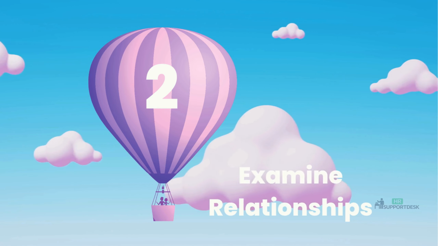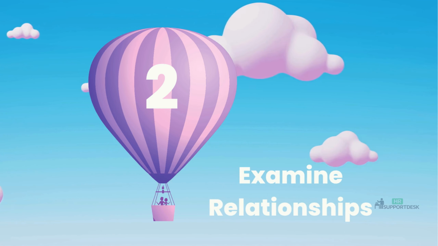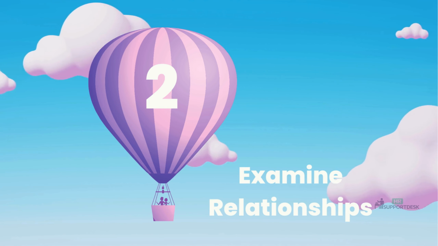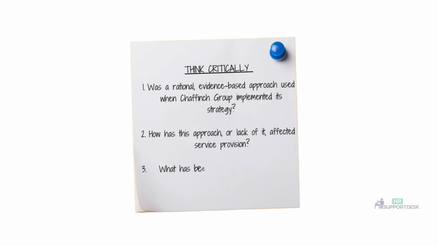The question is asking you to analyze how a rational approach to strategy formulation affects services and customer needs at Calmere House. So, you should ask yourself, was a rational evidence-based approach used when Chaffinch Group implemented its strategy? How has this approach, or lack of it, affected service provision?